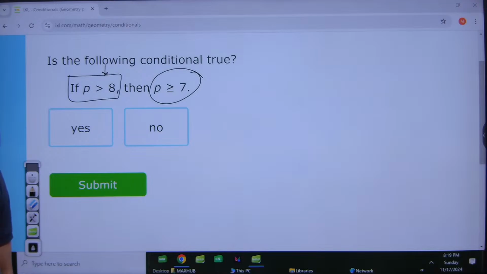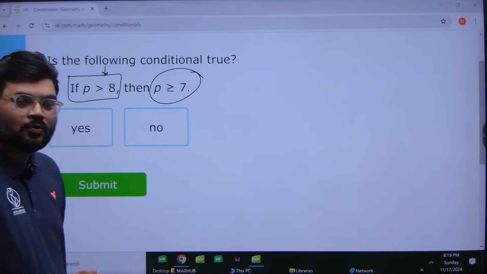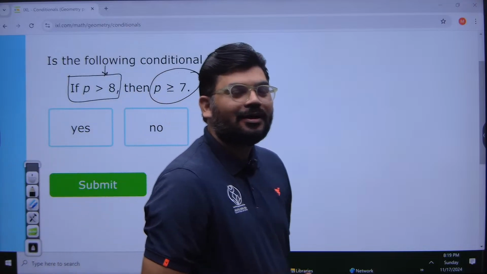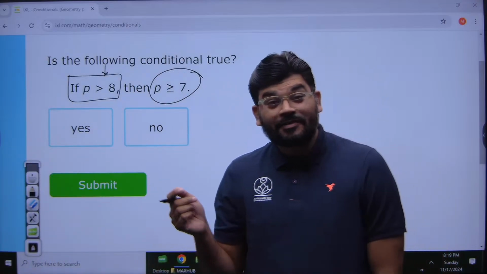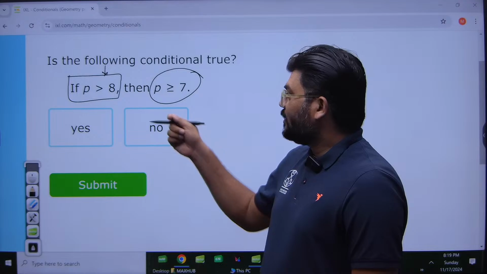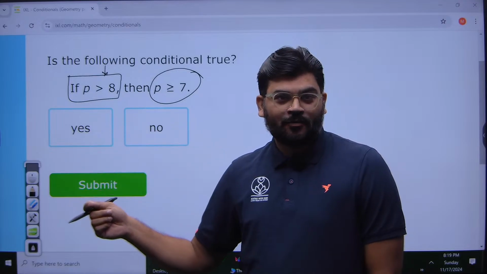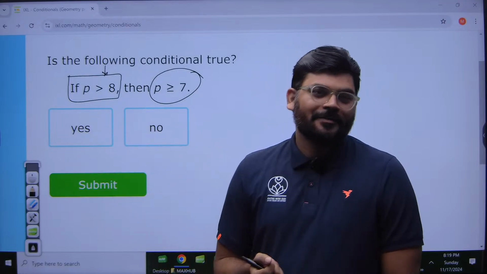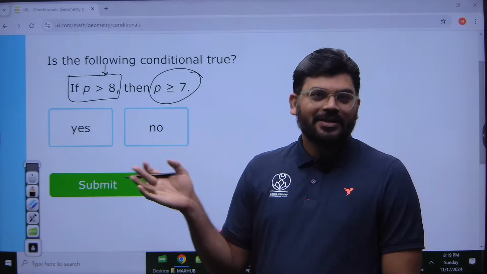Sir, none. That means this condition is true. This condition is very true because a number which is greater than 8 will always be greater than 7 as well. 7 is less than 8.